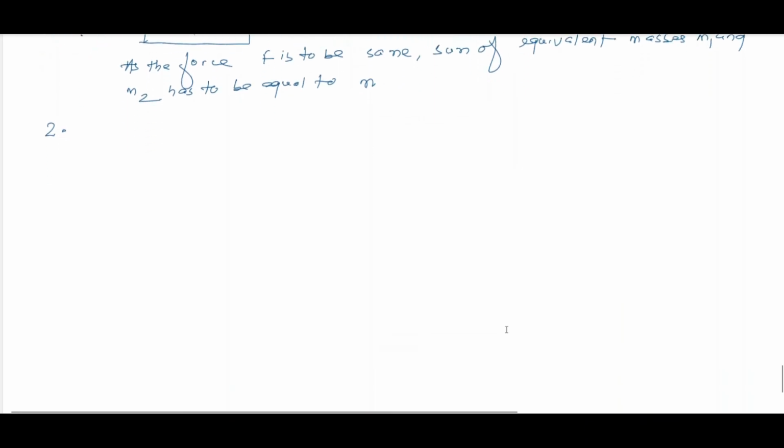Second condition is that m1 b should be equal to m2 d, those distances from the second figure.